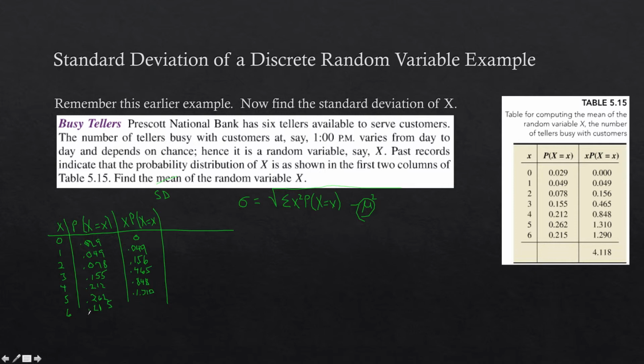And 6 times 0.215 is 1.290. So when you take this sum, that gives you 4.118.